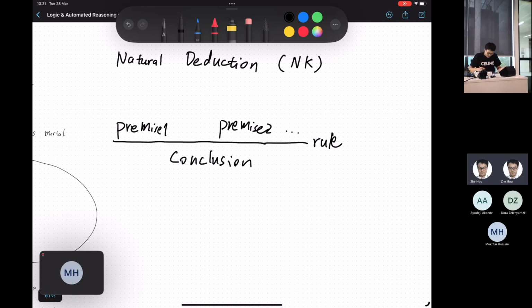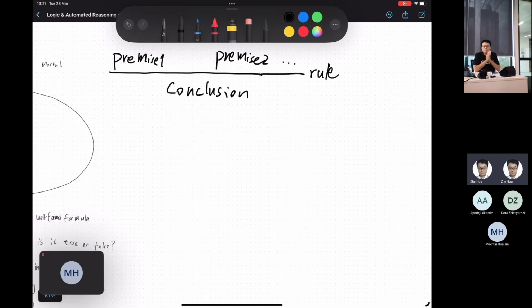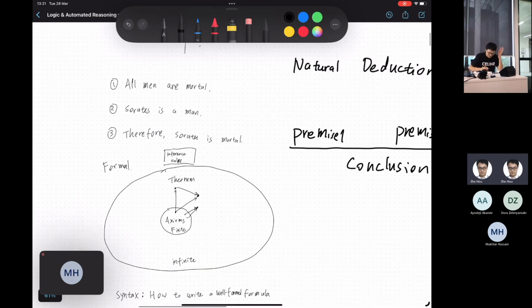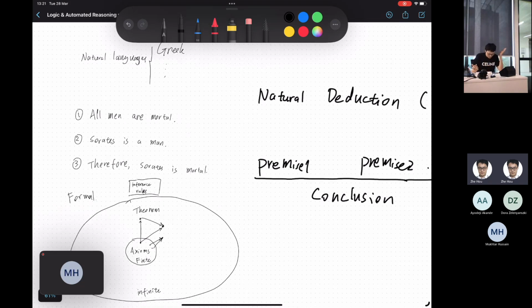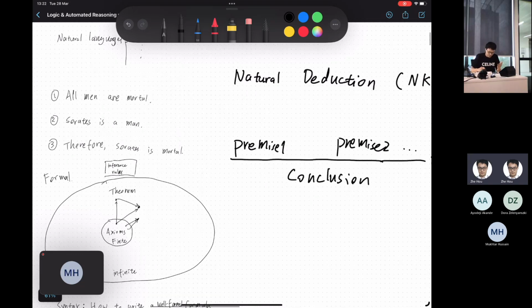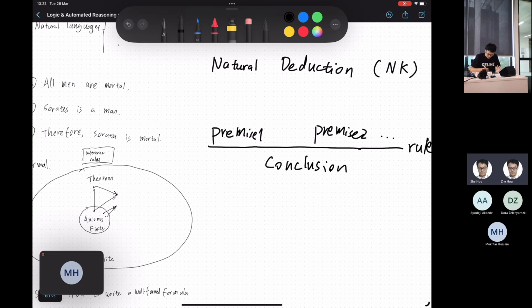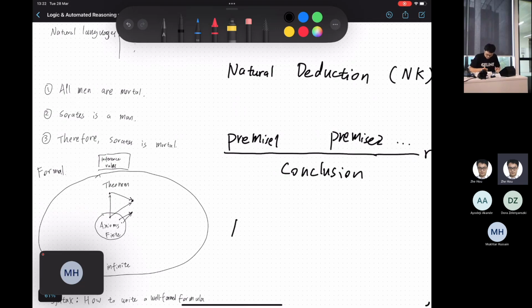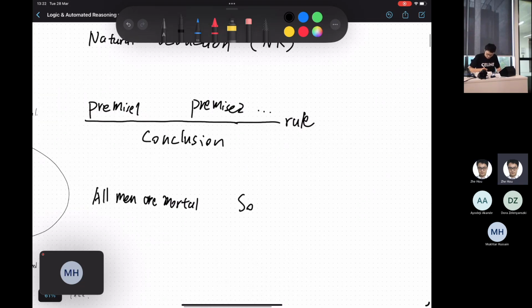I think we can have an example from one of the very early sentences we've had. All men are mortal. Socrates is a man, therefore Socrates is mortal. If we write those in this format, it would be: all men are mortal, that's one of the things we know, and Socrates is a man, that's another thing we know.